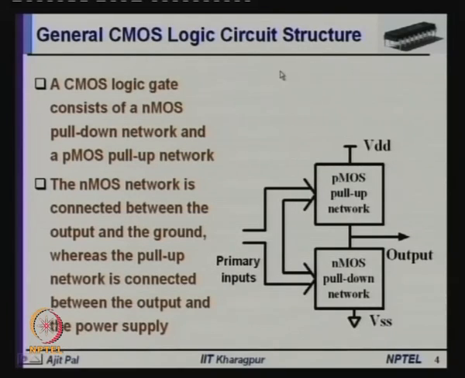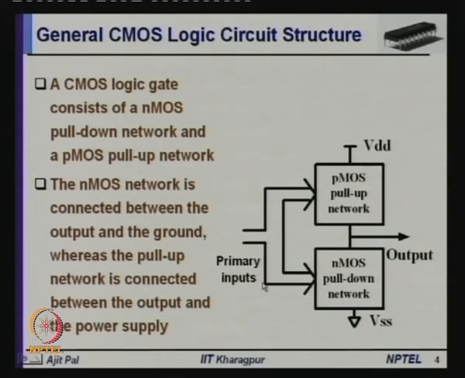We have already seen how you can realize NAND and NOR gates. We have seen that the multi-input NAND and NOR gate concept can be extended to realize any complex CMOS circuit, where the general logic circuit structure is like this. Let me redraw it again.